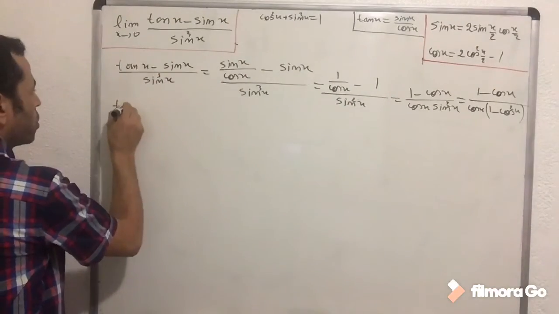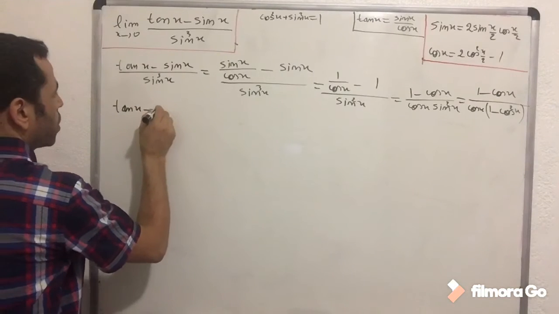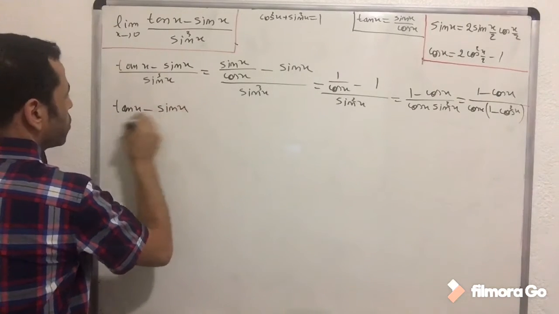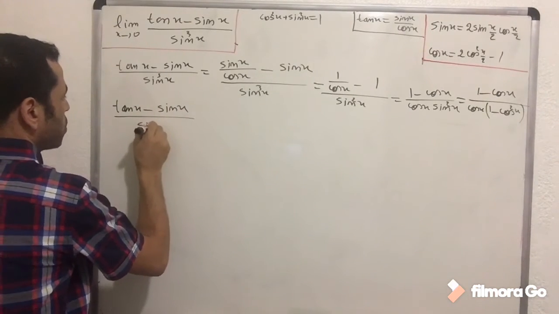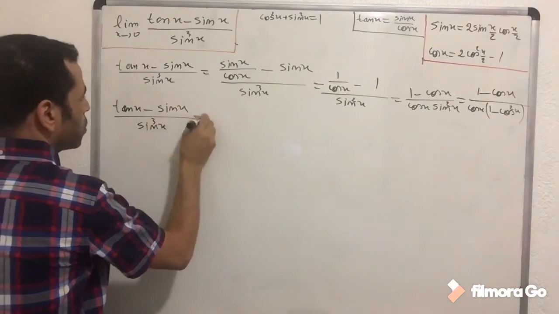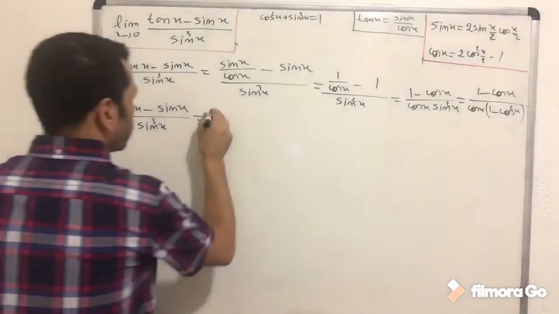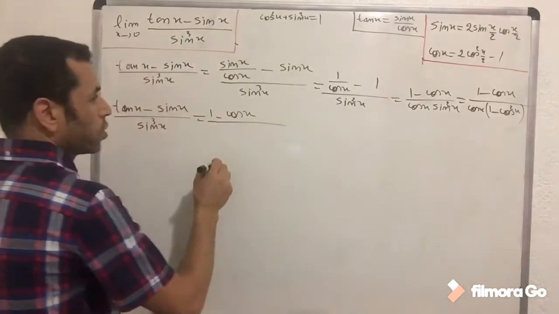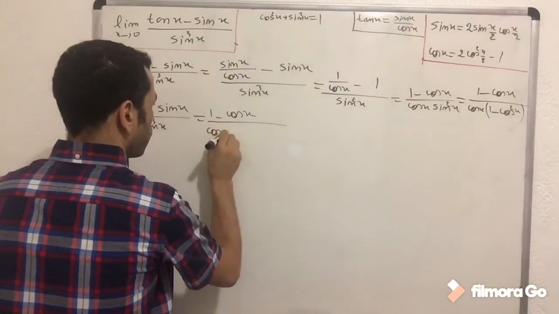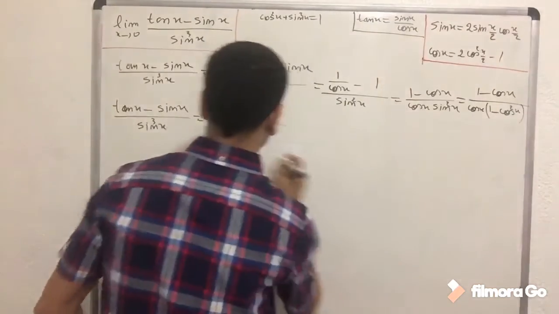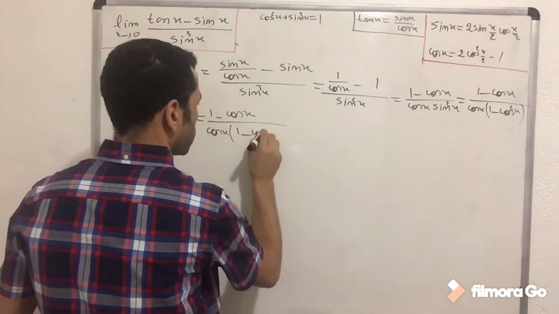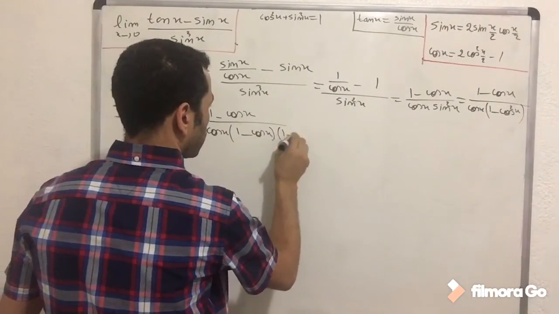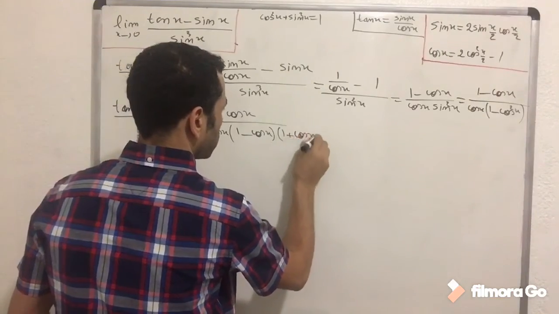So tangent x minus sine of x over sine cube of x equals 1 minus cosine of x over cosine of x, multiplied by 1 minus cosine square of x. Let's factor this one: 1 minus cosine square x is 1 minus cosine x times 1 plus cosine x.